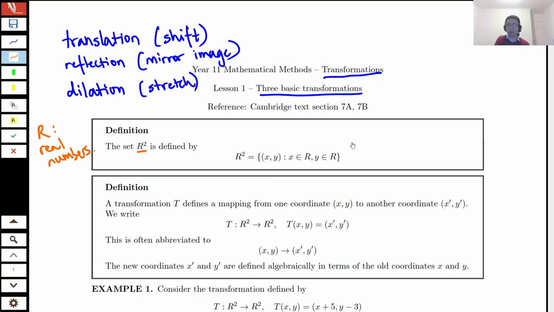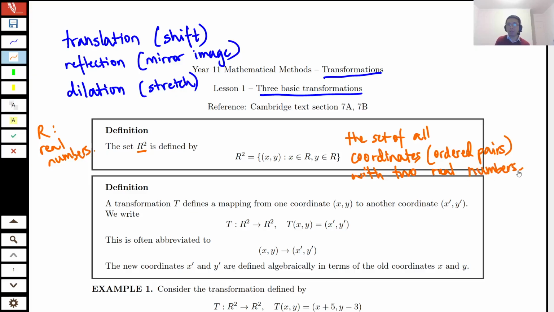So you could think of this in words as the set of all coordinates. The technical term is ordered pairs with 2 real numbers. So every element of this set lies in the Cartesian plane. Every point on the xy plane lies in R squared.